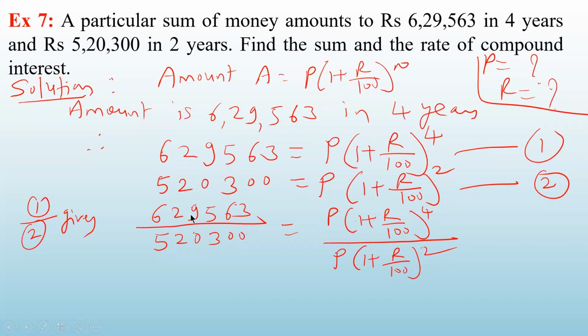Now divide this and see what you get in the left hand side. It is 629,563 divided by 520,300. You'll get 1.21. In the left side, you get 1.21.